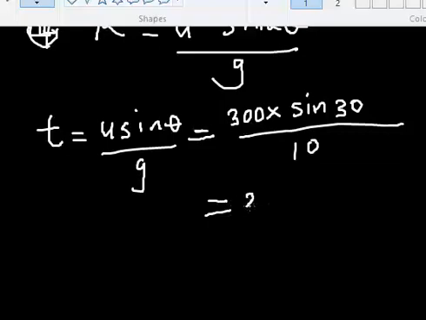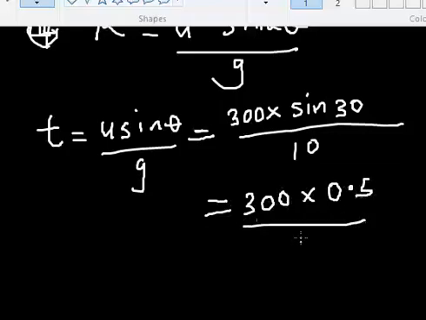So this is 300, sine theta is 0.5, then divided by 10. So this is equal to 150. 300 times 0.5 is 150, and 150 divided by 10 is 15. Okay, 15 seconds is the answer to that.